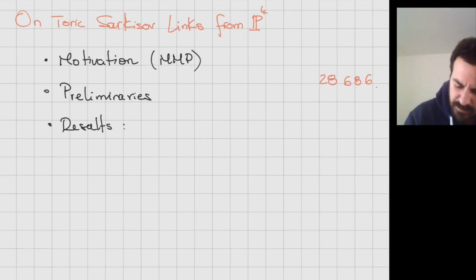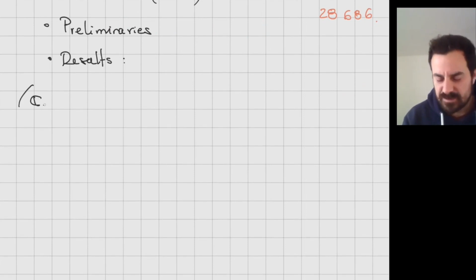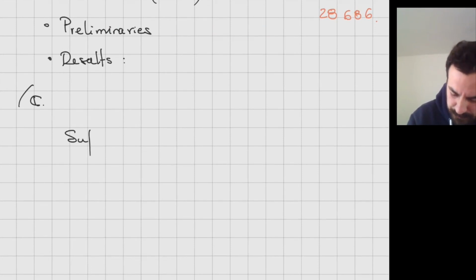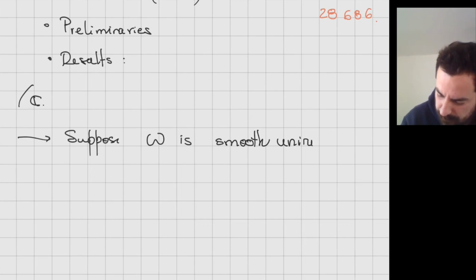So I'm going to do everything over C. And so suppose W is some smooth uniruled projective variety.